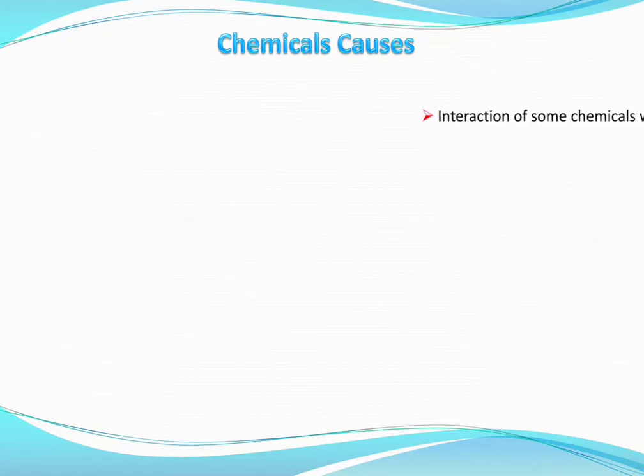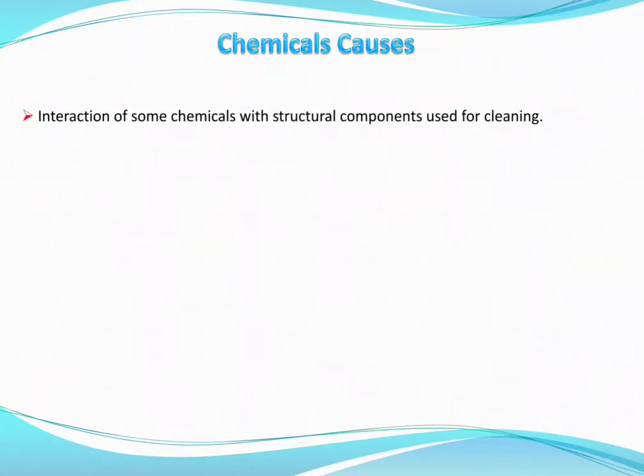So after human causes, let us go on to discussing some chemical causes. Now these we don't come across often, but when we do, they have a severe effect. So first is the interaction of some chemicals used for cleaning with the structural components.